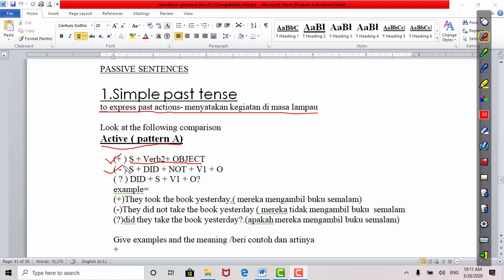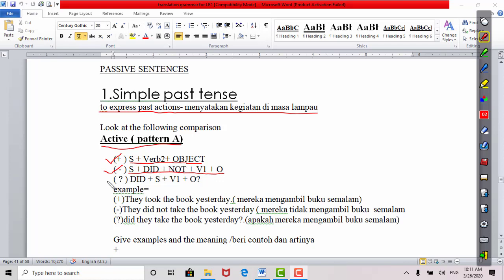Next, negative part. Subject plus did plus not plus verb 1. So in the positive you use verb 2, but in negative you have to use verb 1 plus object.